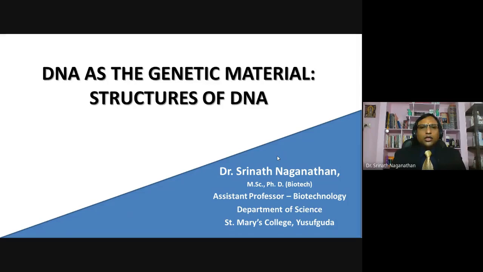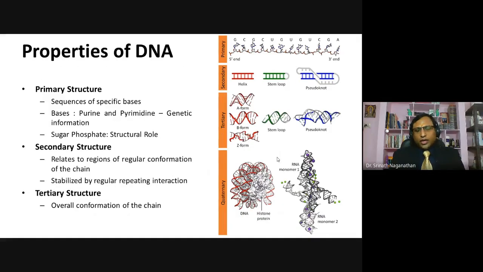So, in this session, we are going to see DNA as the genetic material. Properties of DNA, based on the structures, are divided into primary, secondary, tertiary, and quaternary. Usually, the primary structure is like a thread of all the nucleotides.